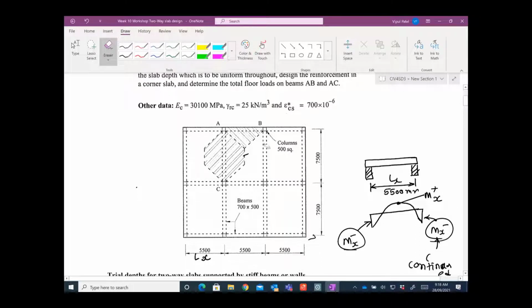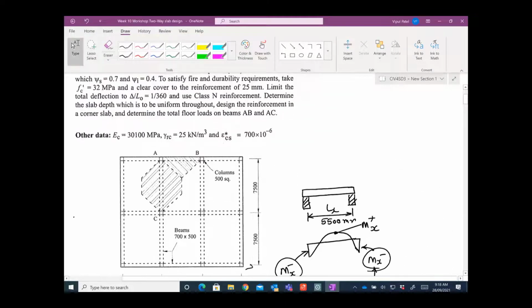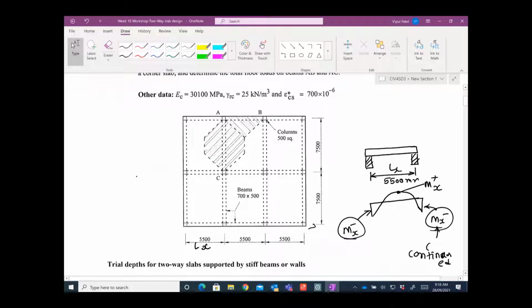Don't hesitate saying that okay, I can only do the corner panel. No, you can do any panels, right? Because I'm explaining you everything. It's continuous edge, discontinuous edge. Generally you need the design bending moments here and here and everywhere around the panel.